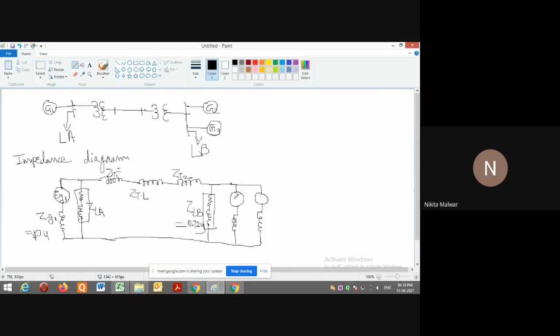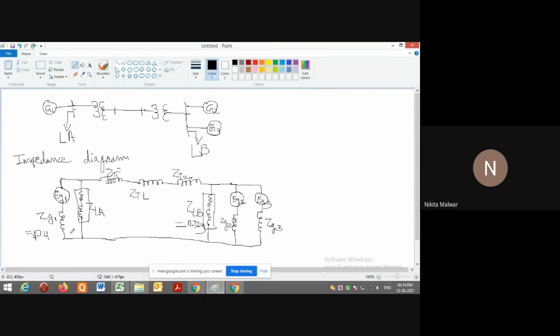So here your generator 2 is shown by EG2 EMF and ZG2, here ZG3 and EG3. So in such a way, we have found out all the values for the impedances of the given equipments in the single line diagram, and after finding out the per unit values for the impedances, we have to draw the impedance diagram.